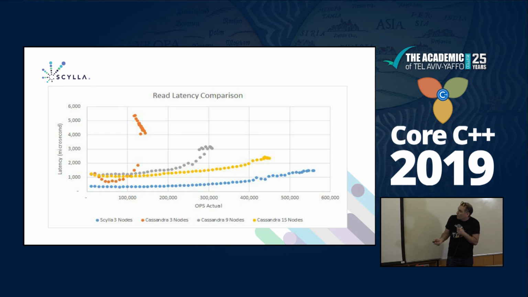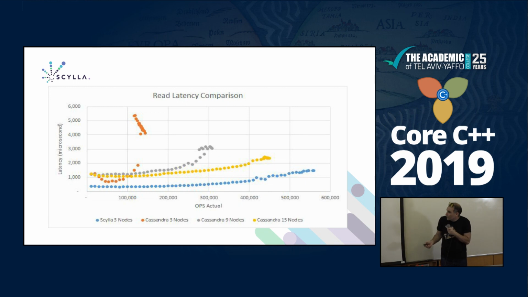And when you go to 9 nodes and 15 nodes, the throughput increases and the latency is still quite high. But if you compare that to a 3-node Scylla cluster, the operation rate is much higher and the latency is much lower. So this is what can be achieved by careful attention to the fact that processors and disks are really network devices, and not the synchronous devices the way we usually treat them.